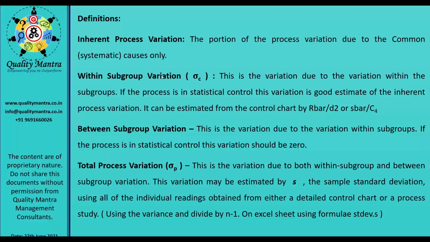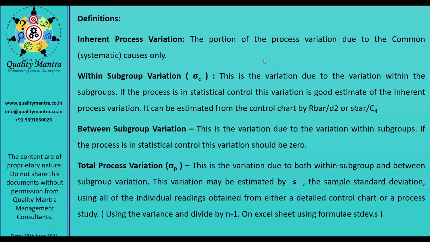Then what is within subgroup variation? Within subgroup variation is delta sigma c. This is the variation due to the variation within the subgroups. Say we have a subgroup size of 10 or 11. Whatever variation is there within that subgroup, across all these 11 readings, is called the within subgroup variation.